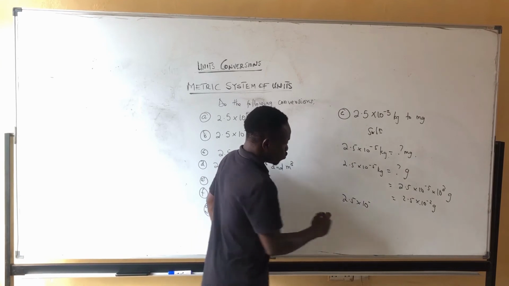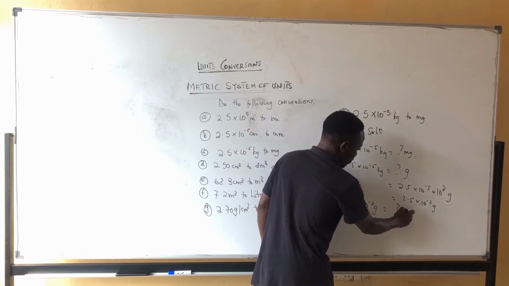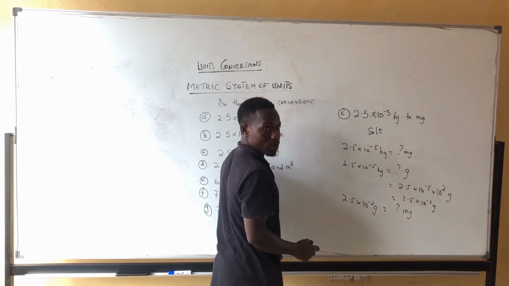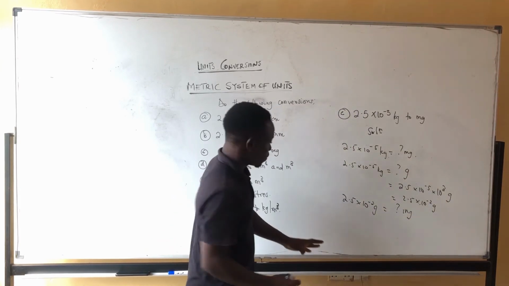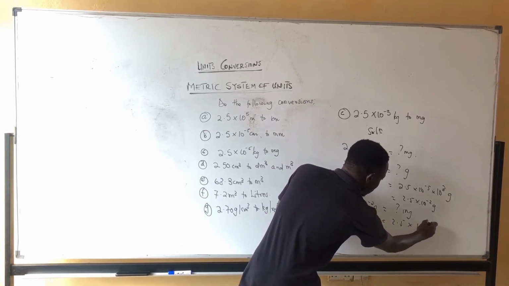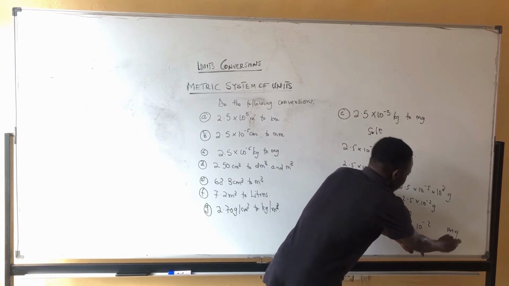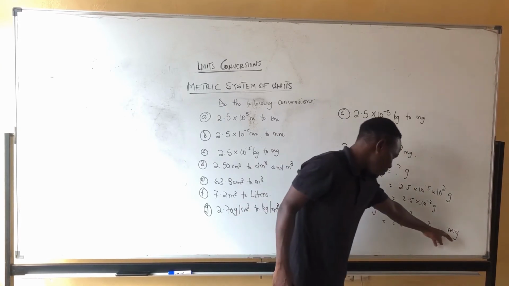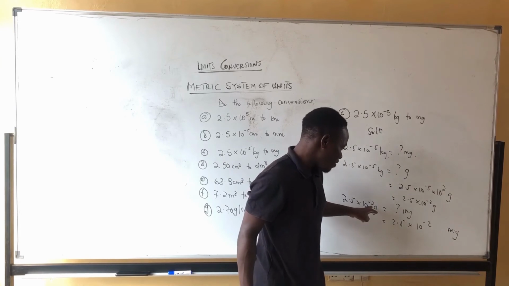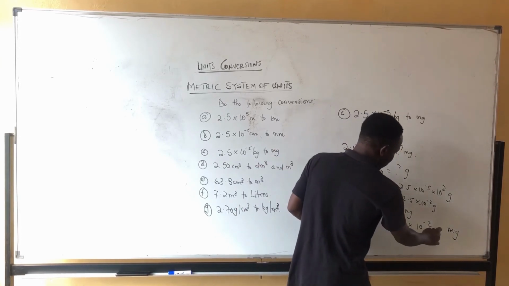So now, 2.5 times 10 to the power negative 2 in gram will be what in milligram? I'm going to use the same strategy. I know that my answer is going to be something like this, the same thing, but in milligram. But then I have to cancel away this milli because my question did not have milli involved. How do I cancel that milli out?